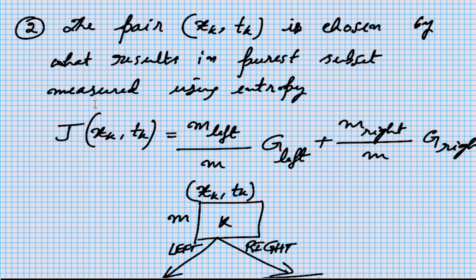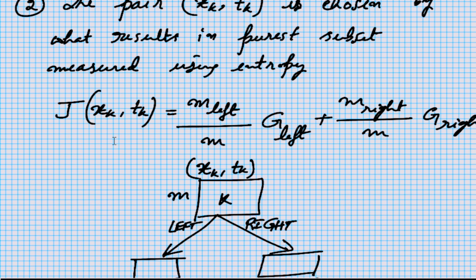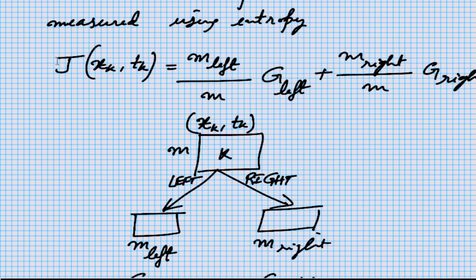A pair xk, tk: for x1, 2.45 is the threshold; for x2, 1.5 is the threshold; for x3, something like that. So this is a pair. I need to find an entropy for that. How do you find it? This is the equation. J is the entropy term, xk, tk is a pair, and tk is going to vary.